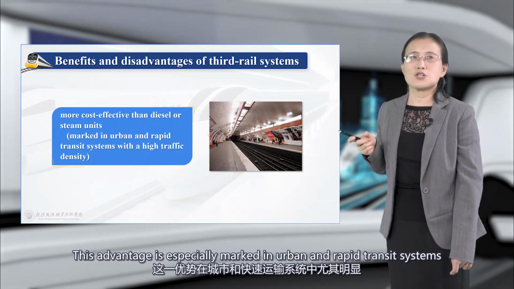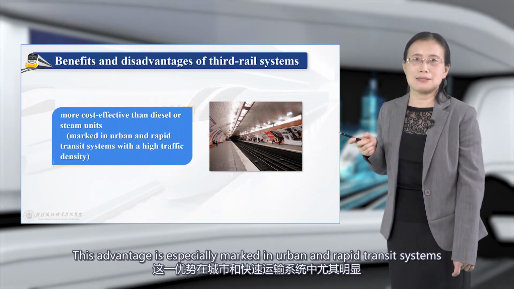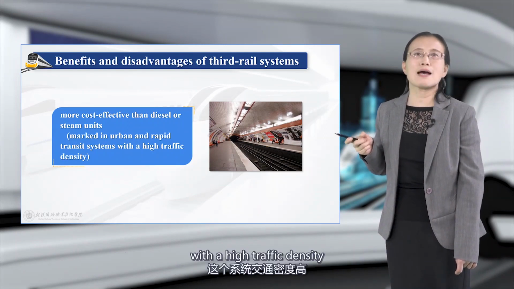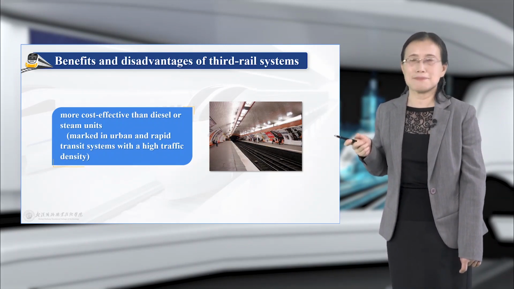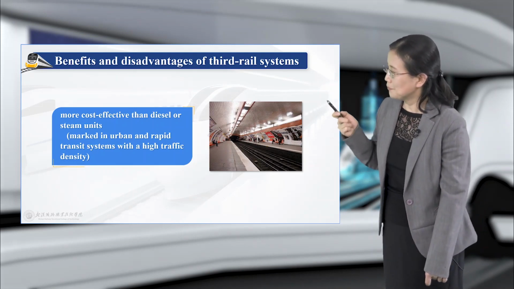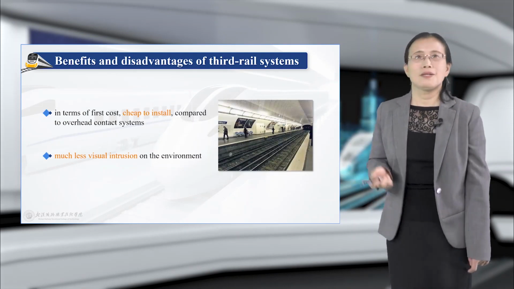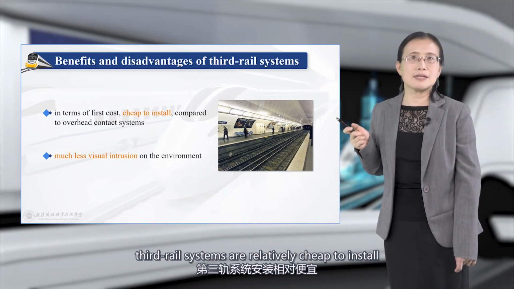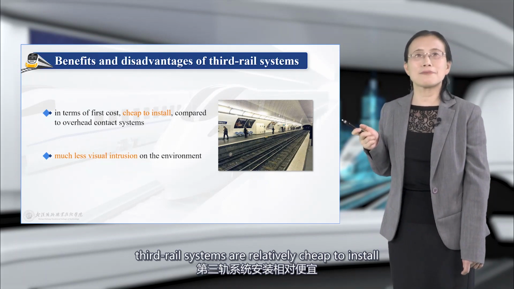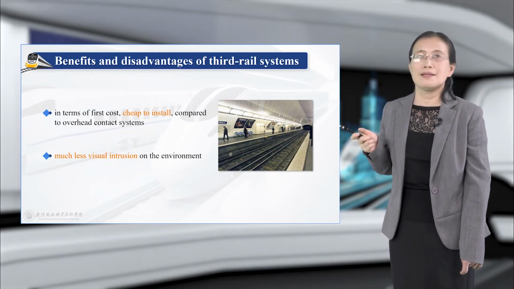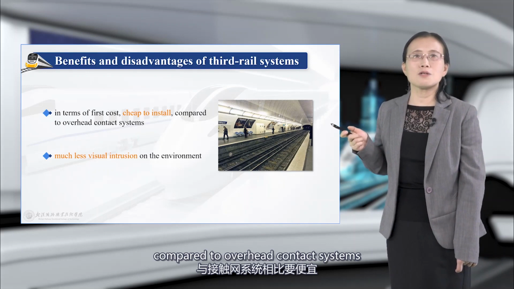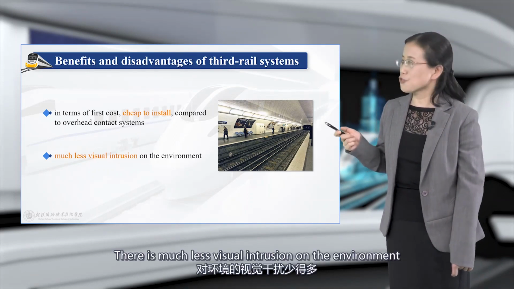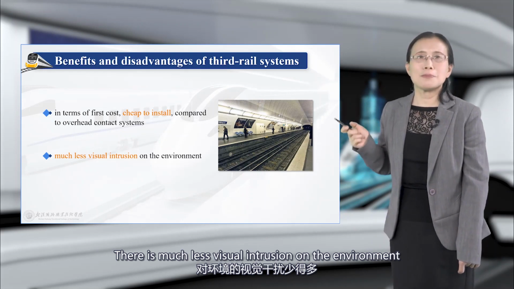This advantage is especially marked in urban and rapid transit systems with a high traffic density. So far as first cost is concerned, third rail systems are relatively cheap to install compared to overhead contact systems. There's much less visual intrusion on the environment.